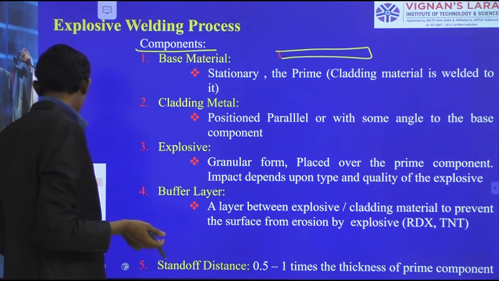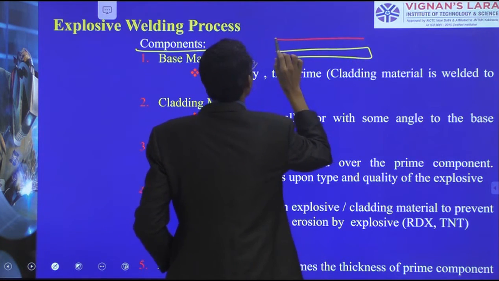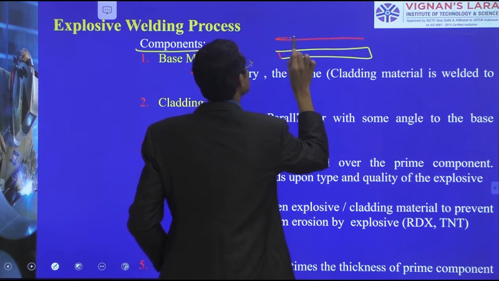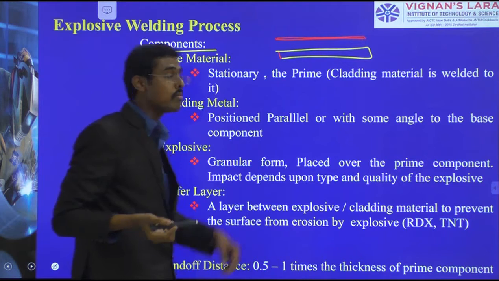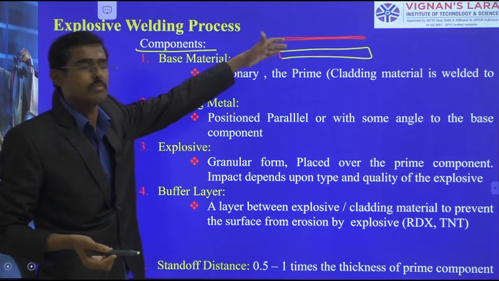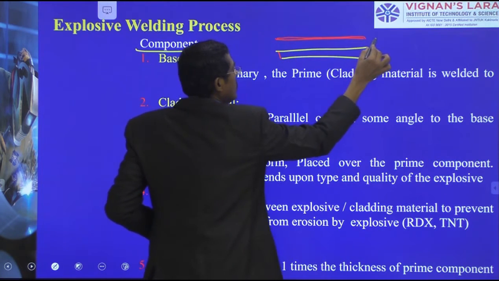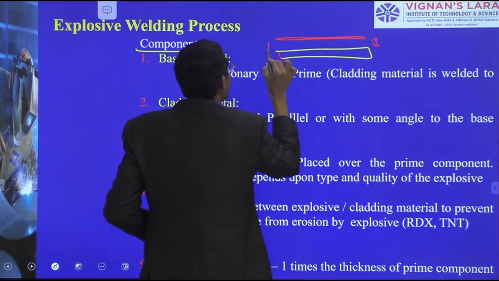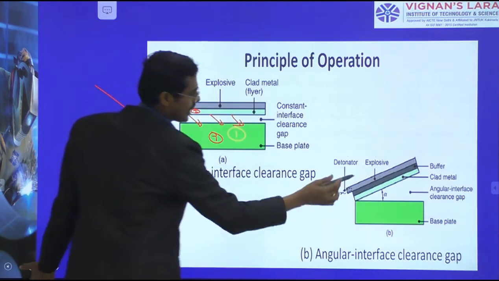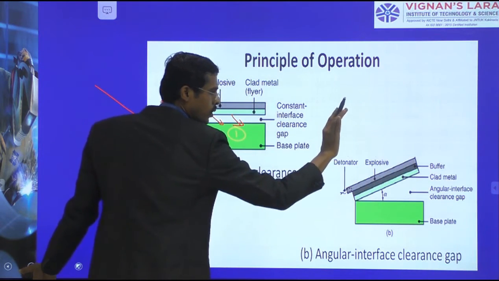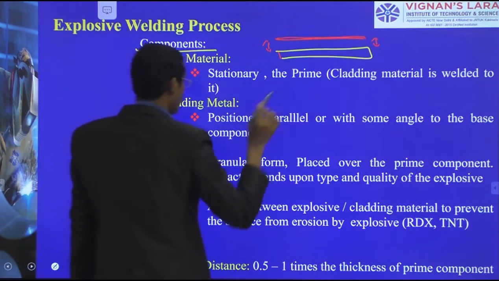This cladding material's thickness is very less. Here the thickness is high, 20 mm, and maybe that is 5 mm or 6 mm that we can consider. The positioning is parallel, or with some angles, like a closing method, that we can make to the base component.